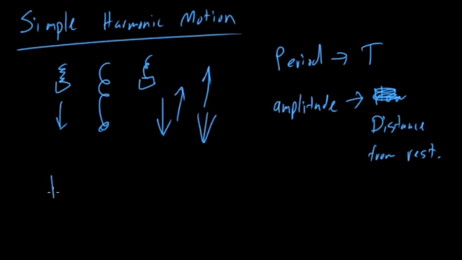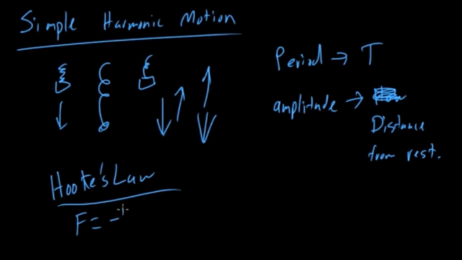There is something called Hooke's law, and I'm just going to mention this because I need to. Hooke's law talks about, well, it's a formula. It's F equals negative kx, where x is just displacement. That's how far. Hooke's law talks about springs.